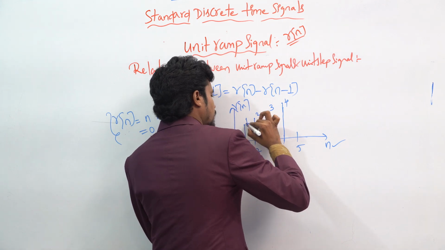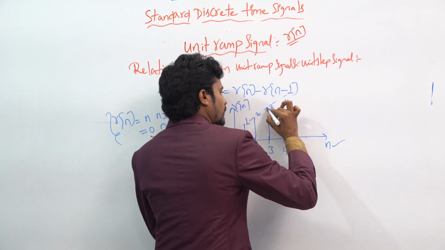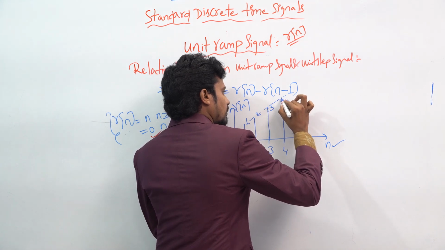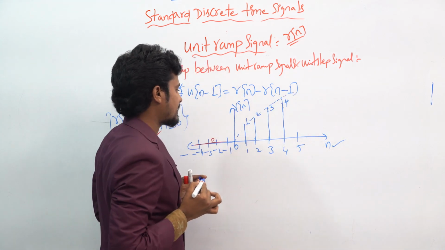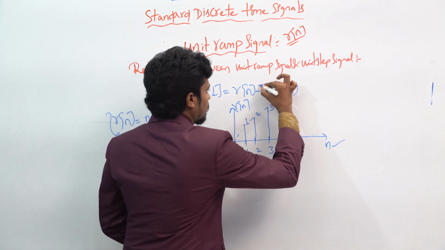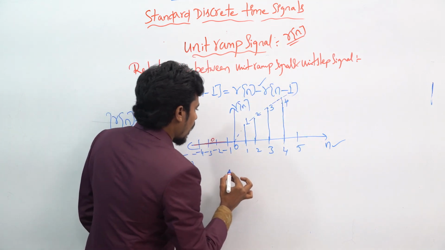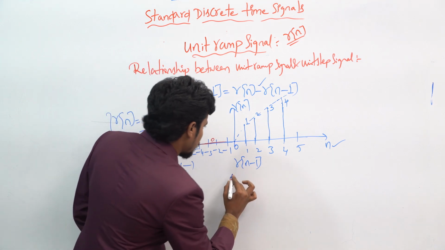If you join like this, you will get a straight line. And similarly, we have to do the subtraction, minus r of n minus 1. The plot is like this.